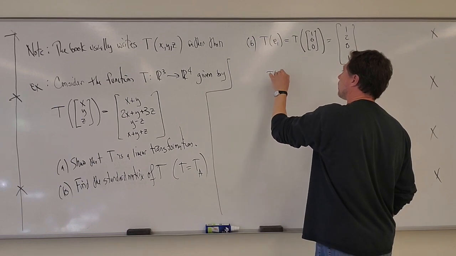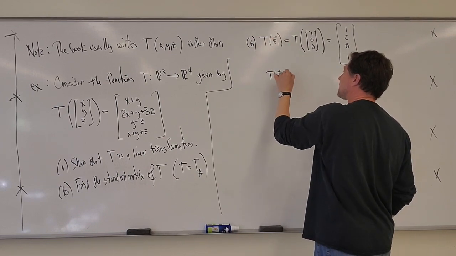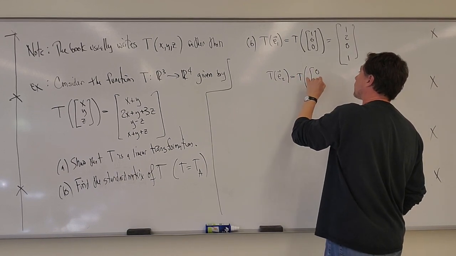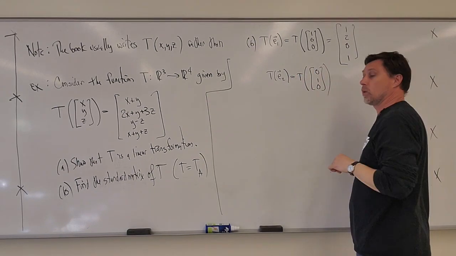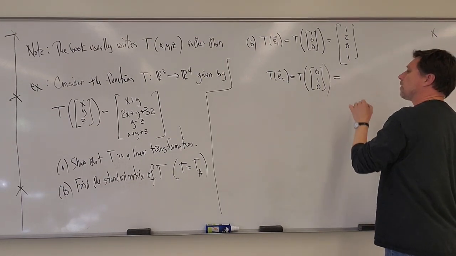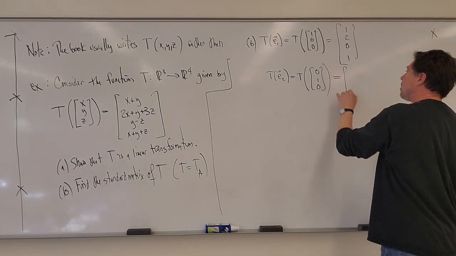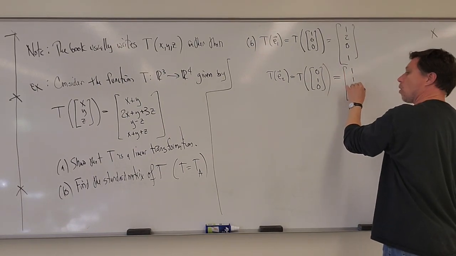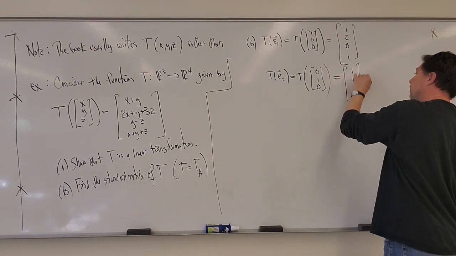T of E2, right, so I plug in the second standard basis vector. That means T of the vector 0, 1, 0. That's equal to the column vector 1, 1, 1, 1.